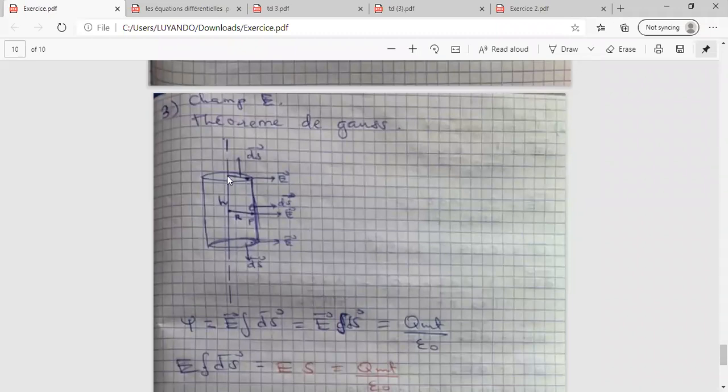From the wire to any part of the surface of the cylinder, the distance is r.